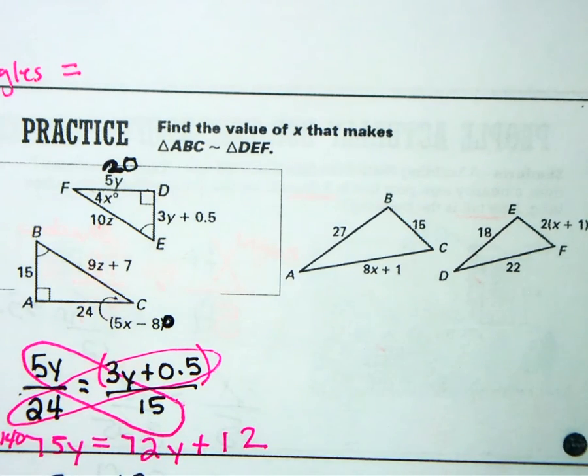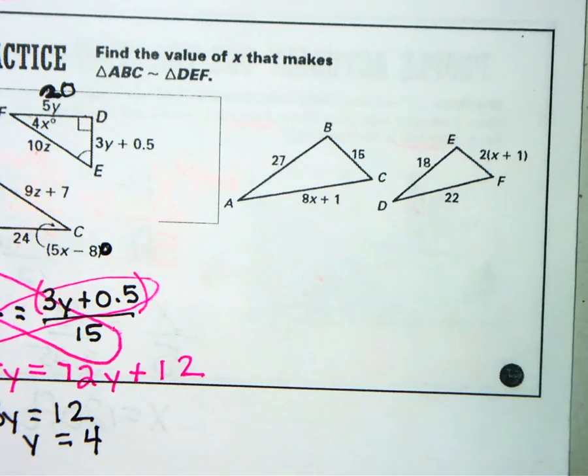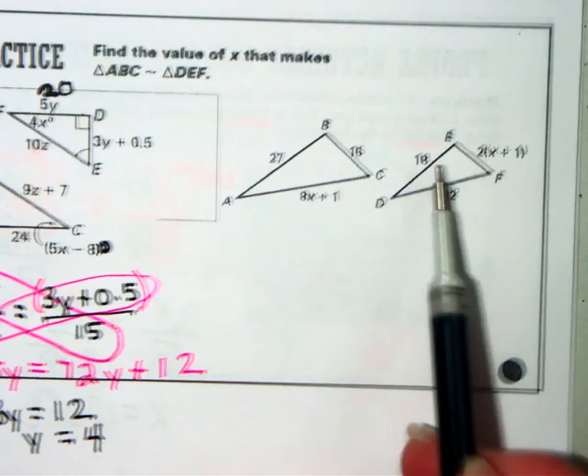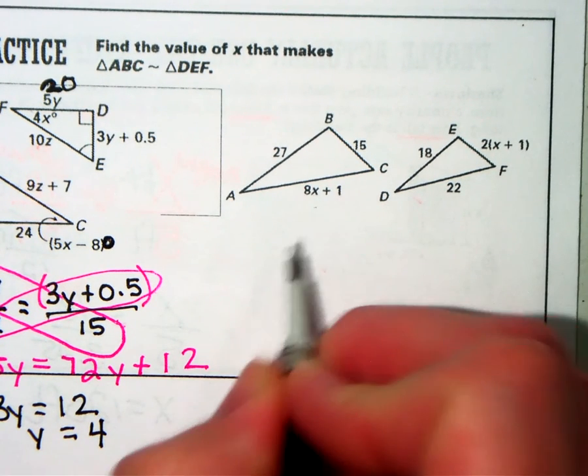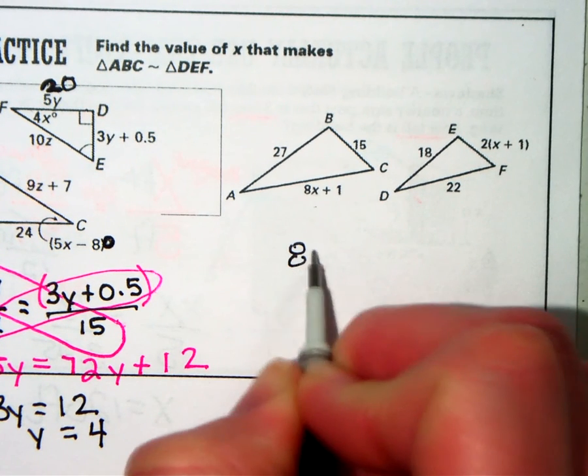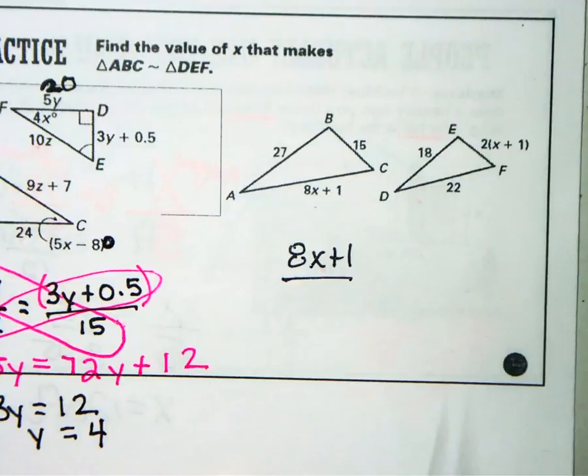Okay, so same kind of idea here if we need to practice setting that up just one more time. So if you're trying to find x, let's just pick one of these x's to do. There's two x's in the problem, so I would pick maybe 8x plus 1. So the setup again.